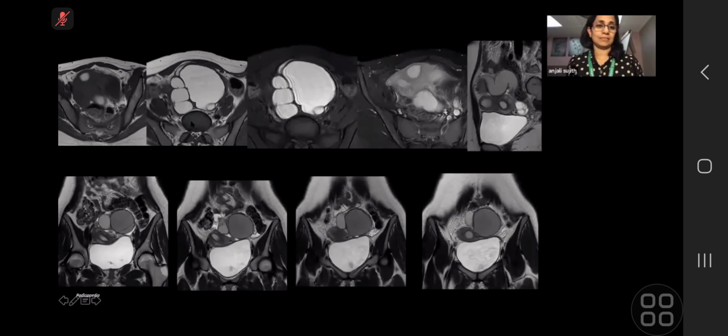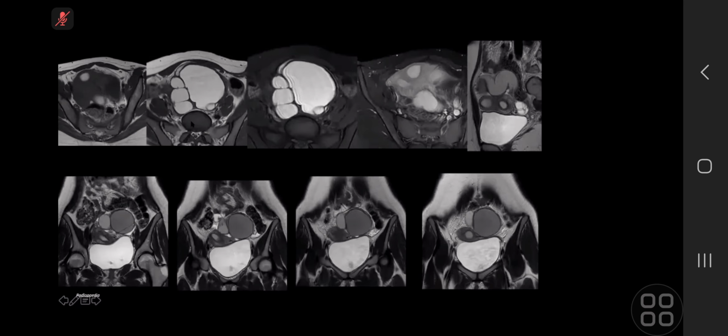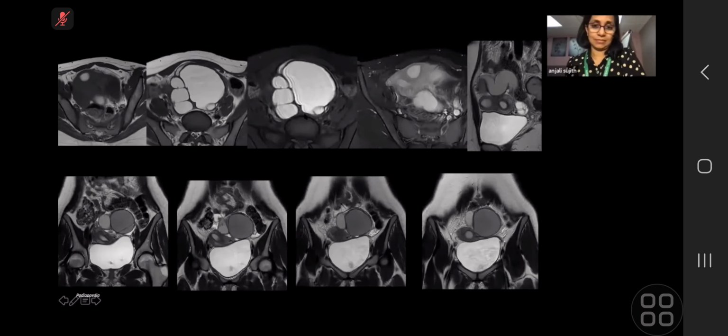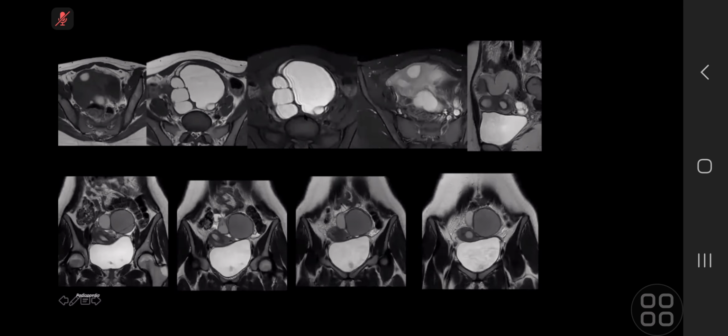There's no solid nodule at this stage that I can see. On the fat saturated T1, it remains bright. So bright on T1 and bright on the T1 fat sat. And then on the post contrast, some of the elements show avid enhancement. The central stroma, what I could call, appears iso-intense, but some of the ovoid elements show enhancement more than the central.